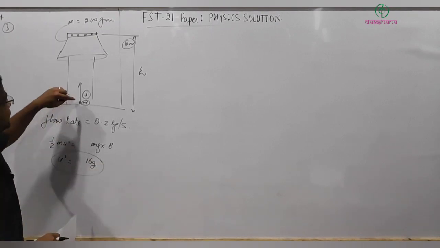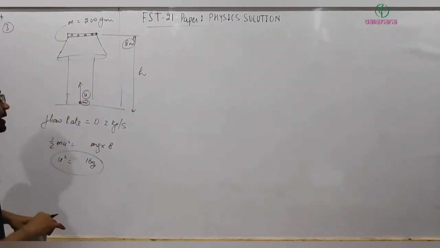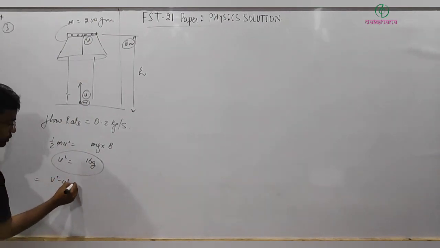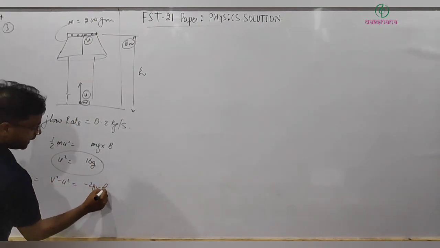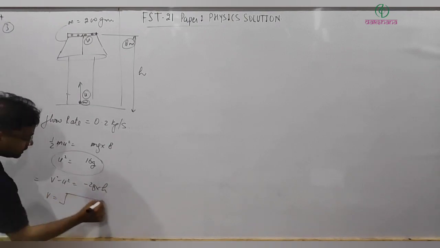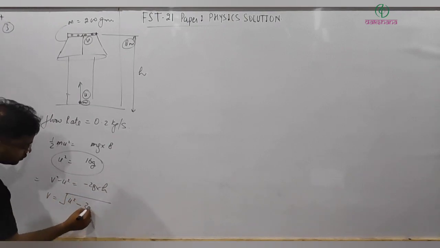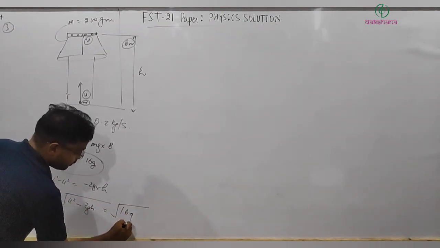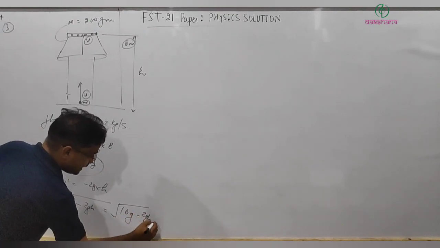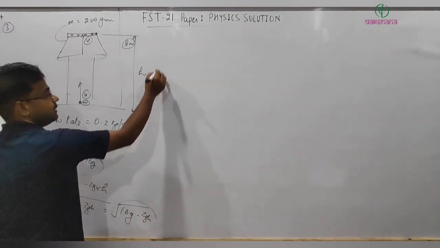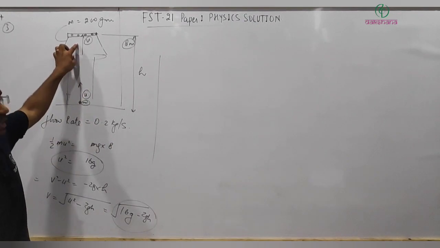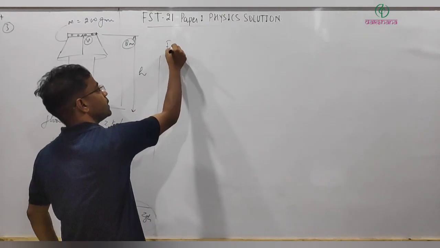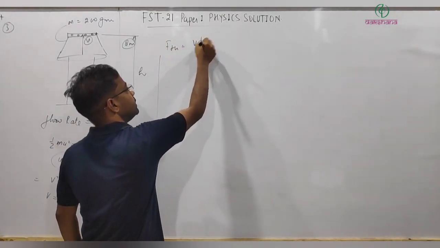And now if it is striking here at height h, then we can get the velocity v with which it is striking. So we can write v square minus u square is equal to minus 2g into h. So v is coming out to be under root u square minus 2gh, that will be under root 16g minus 2gh. So this is v, and it is striking with v at the rate of flow 0.2 kg per second, so then thrust force I can write, this is v into dm by dt.